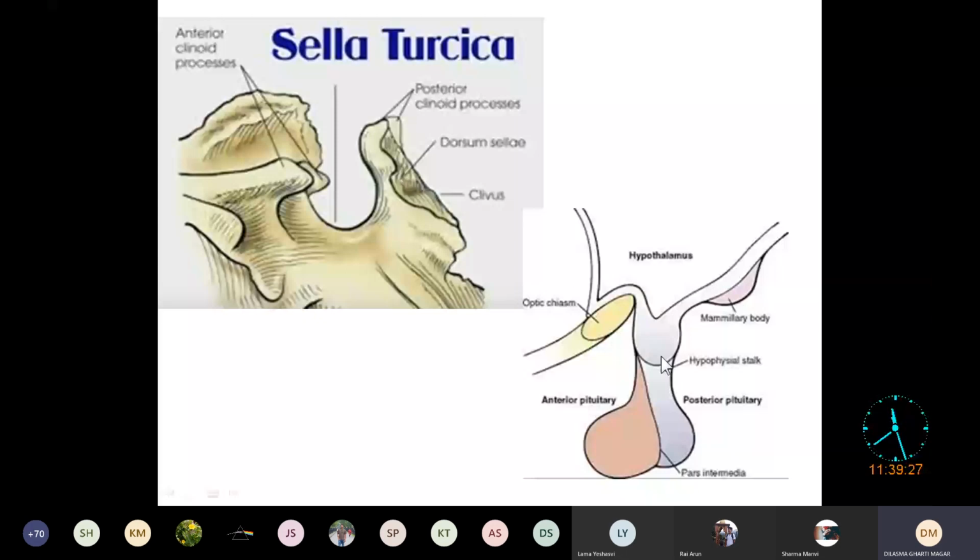So the pituitary gland is there, and it fits within this sella turcica area. The pituitary gland remains in the sella turcica. Here the curved space is the sella turcica, and the pituitary gland is below. It is somewhat like a bean-shaped organ, or bean-shaped gland. So it fits in the sella turcica. Okay.